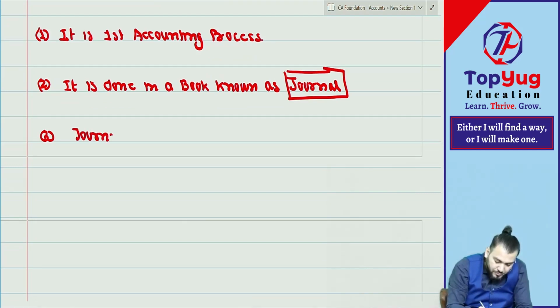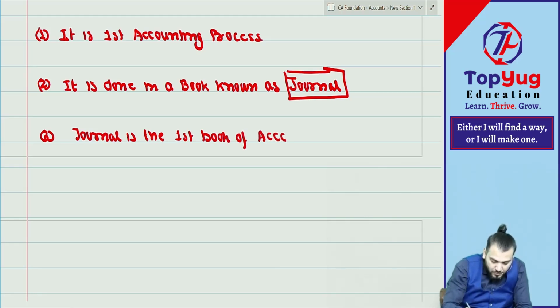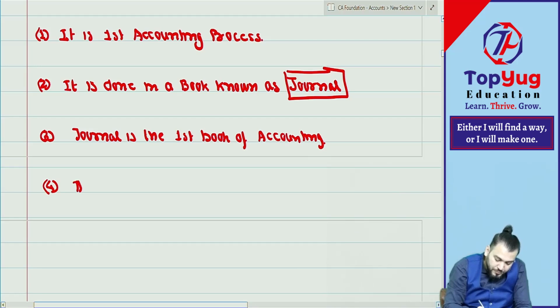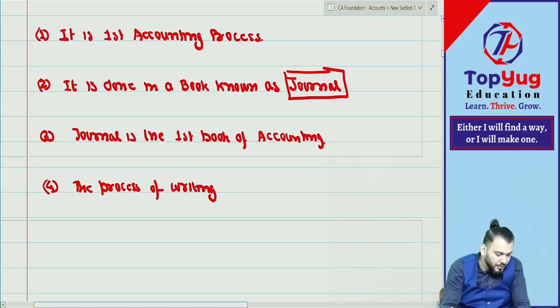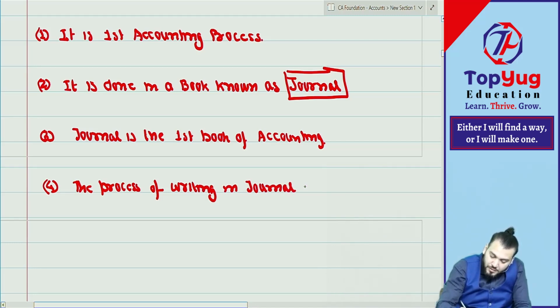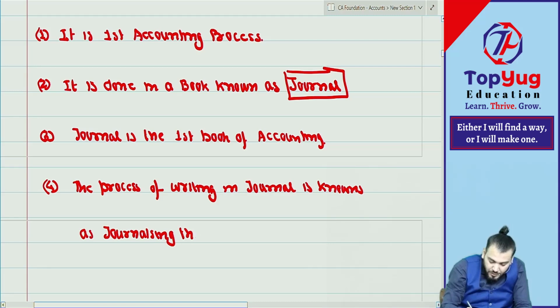Point number three: Journal is the first book of accounting. Point number four: The process of writing in the journal is known as journalizing the entries.